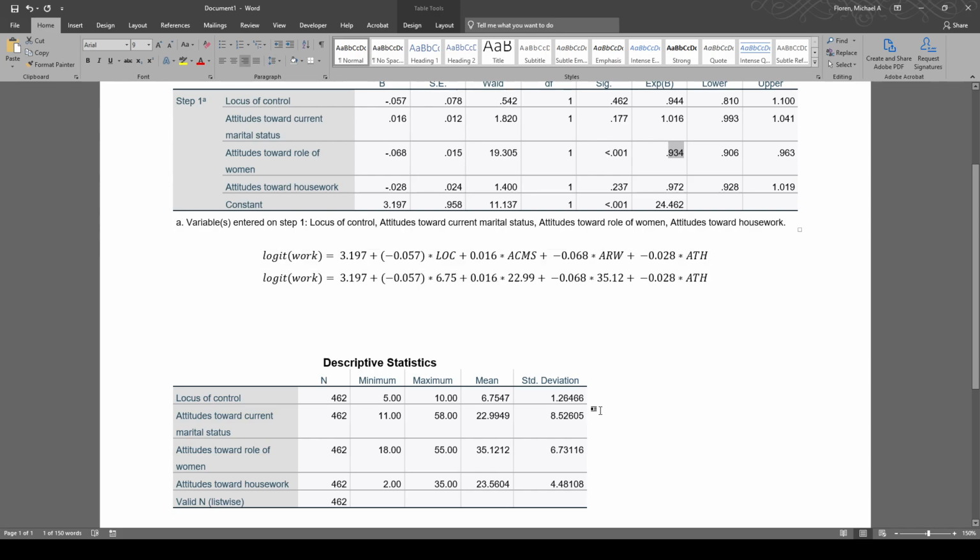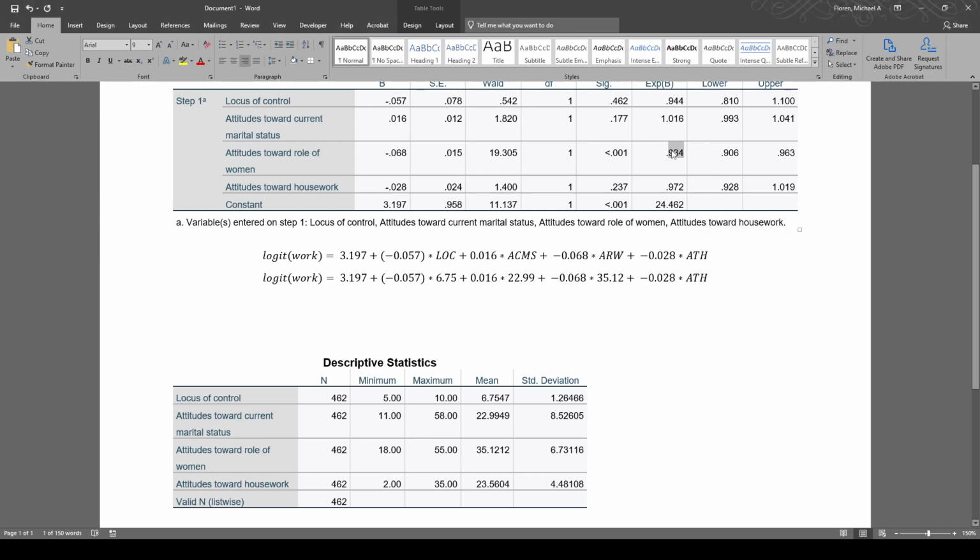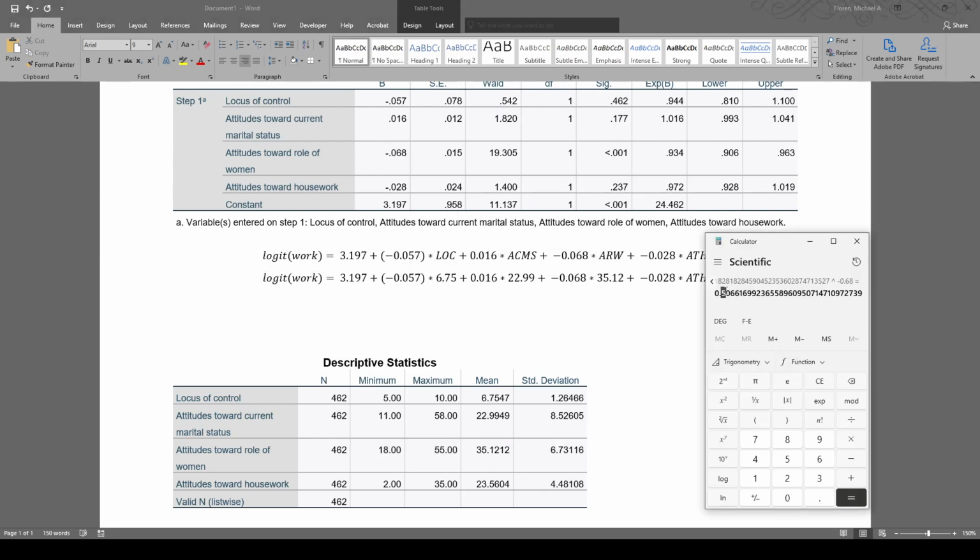You know, I'm using my little dinky Microsoft calculator here. But that new exponentiated b would be 0.568, which is half of the odds. So that would indicate that for a movement in 10 on this scale, which seems very reasonable to be able to move 10 on a scale that goes from 18 to 55, movement of 10 on this scale would lead to about half of the odds of being a working woman, and that could indicate a pretty meaningful difference.